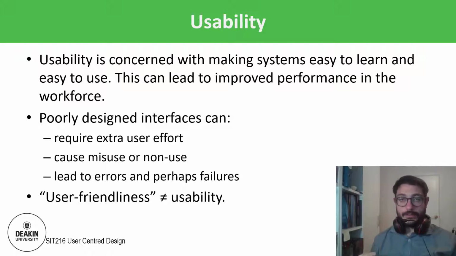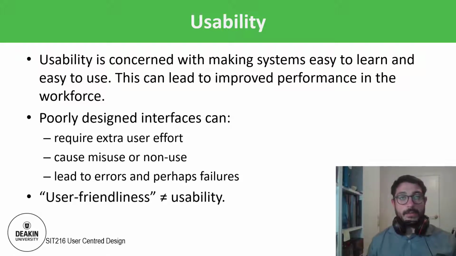That's not always a good thing. It really depends on what it is that you're trying to build. Fully featured interfaces can require extra effort from the user, which we're trying to avoid, can cause misuse or non-use at all, or lead to errors and perhaps failures.